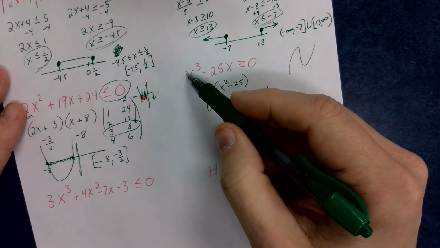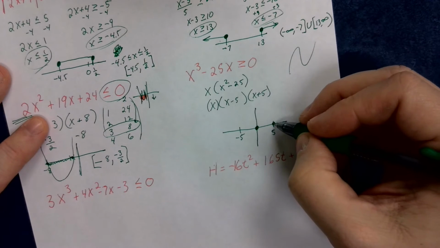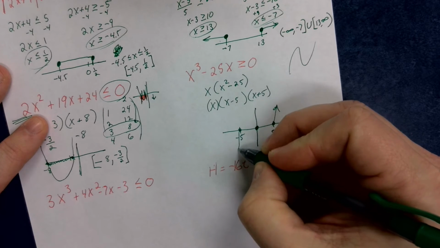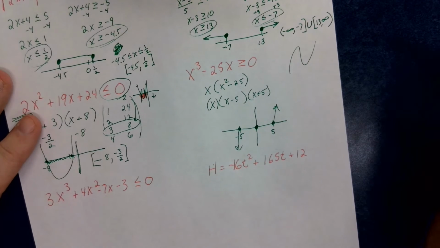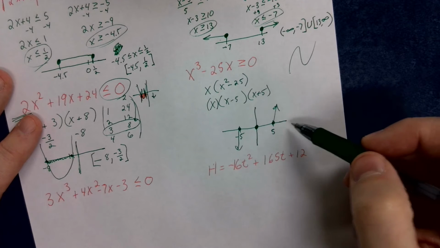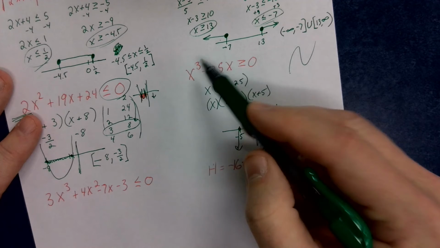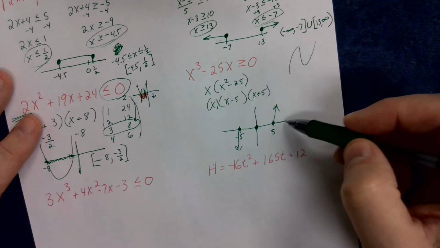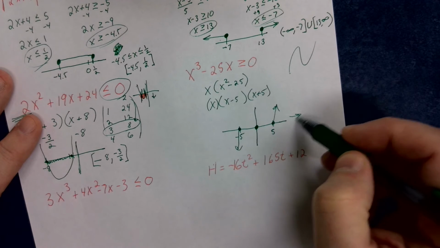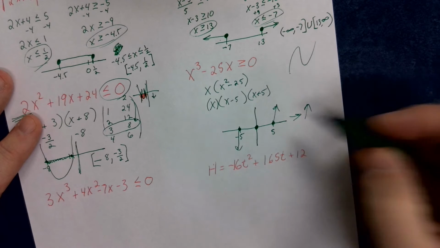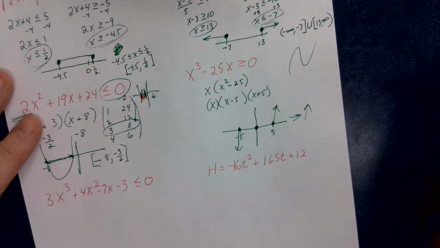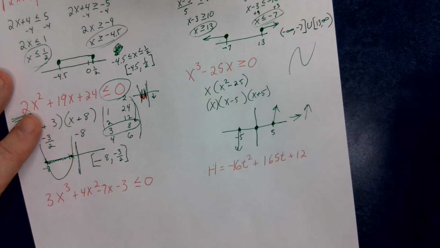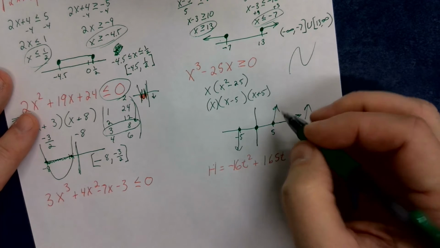Now, because this is a positive x cubed, I know that this branch has to go up, and this branch right here has to go down, because let's say you took 10,000 and you cubed 10,000. Well, 10,000 cubed is a giant positive number, so that means anything that's going to the right here has to be going up. So from 5 has to go up. I know it doesn't bend back down again because it doesn't have any other x-intercepts. Okay, hopefully everybody's okay with that.